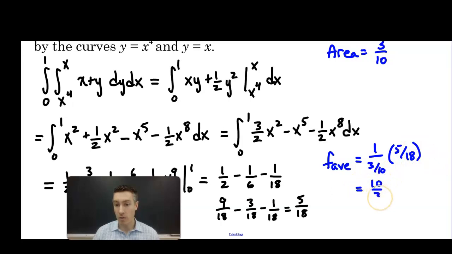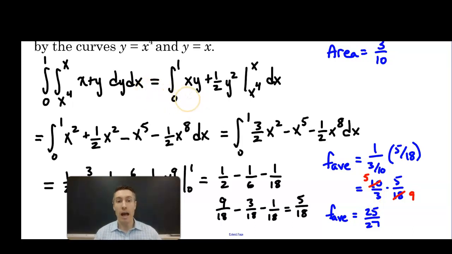So 10 over 3 times 5 over 18. We can reduce a little bit, so that's 9 and 5. So the average value is 25 over 27. Right? So this particular function has an average value of 25 over 27 over the region defined by x to the 4th and x. All right?